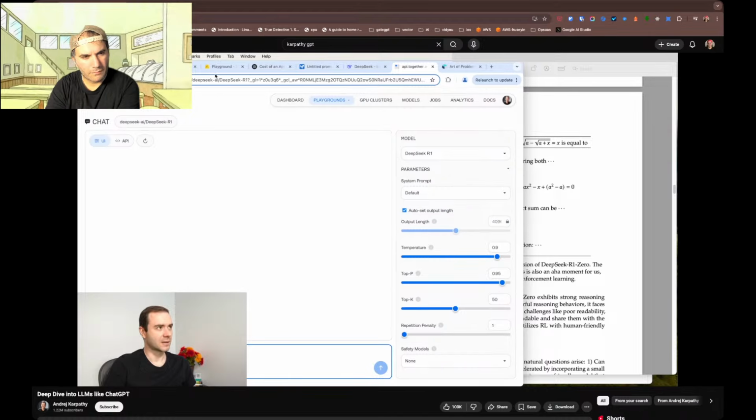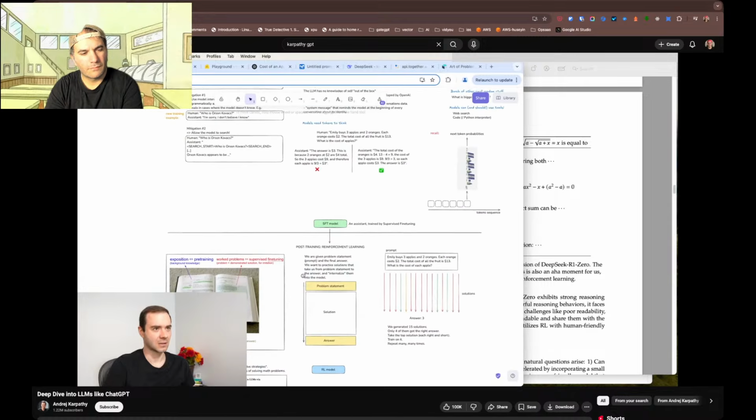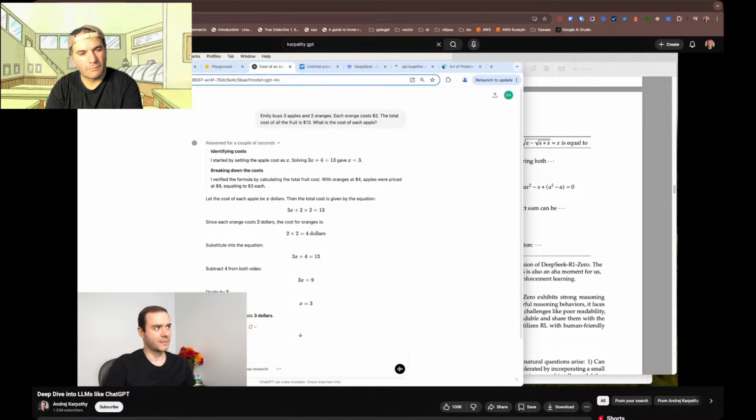These thinking models are also available in ChatGPT under any of the o1 or o3 models. But these GPT-4o models, etc., are not thinking models. You should think of them as mostly SFT models. Now, if you have a prompt that requires advanced reasoning and so on, you should probably use some of the thinking models or at least try them out.